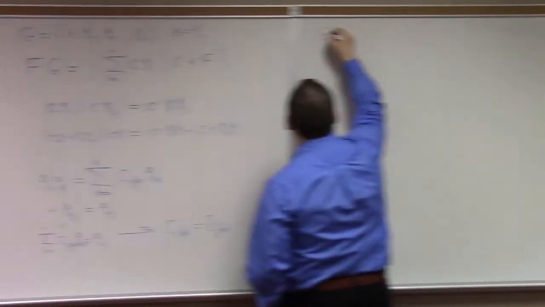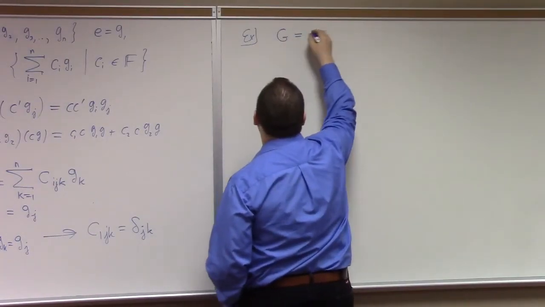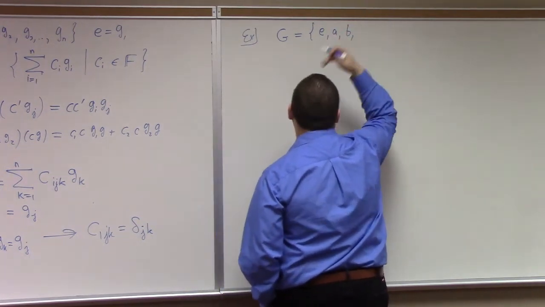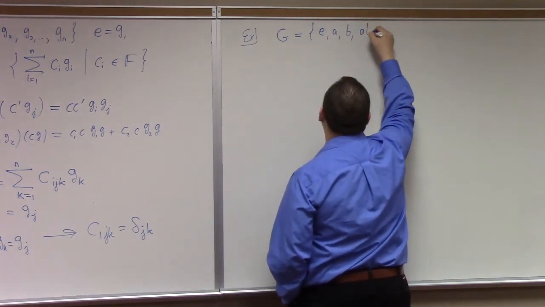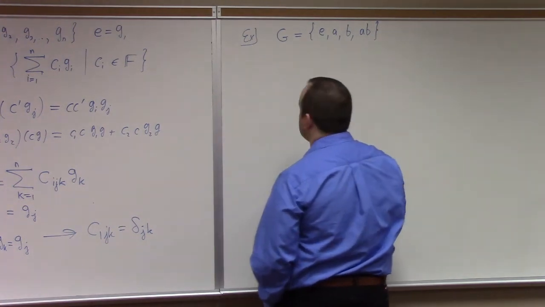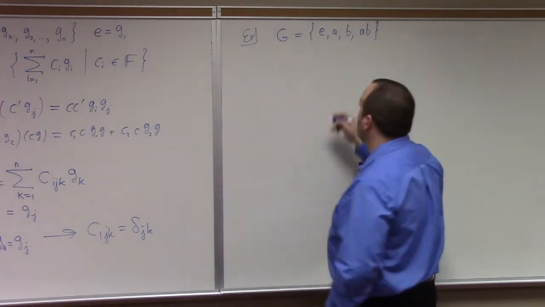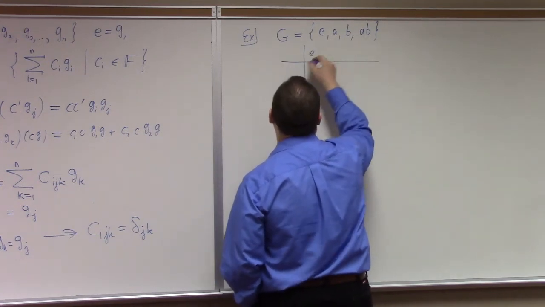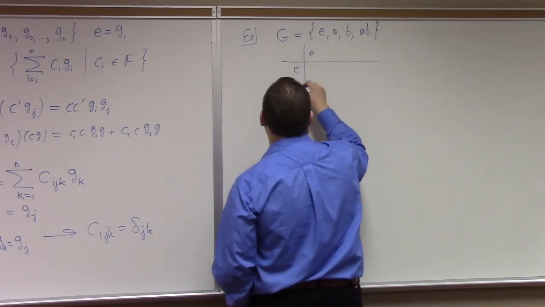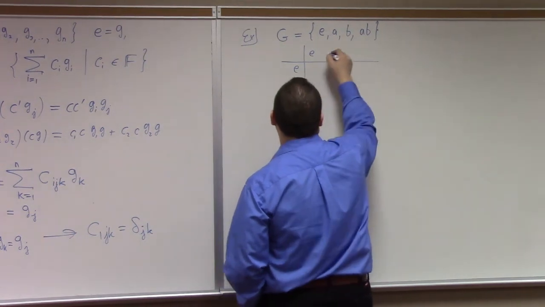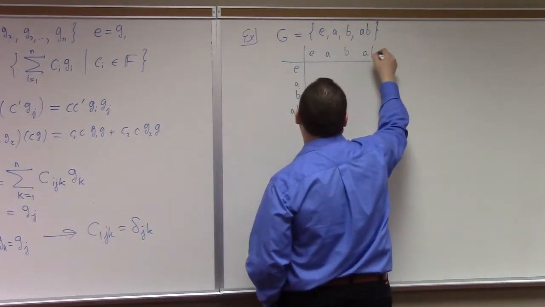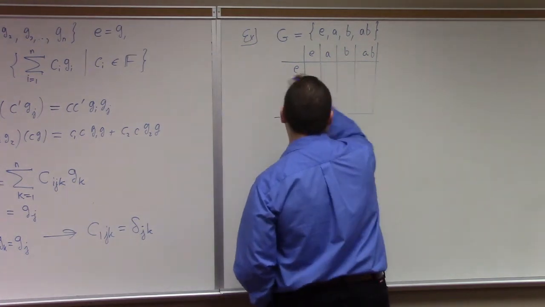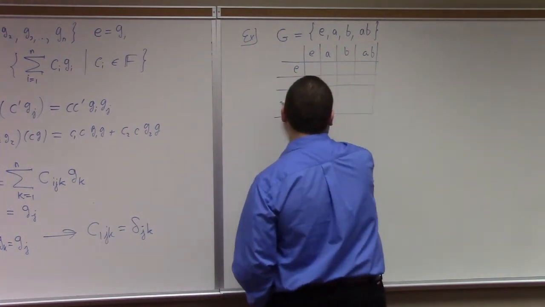For example, we could look at G equal to E, A, B, and then AB. So you recognize this as the what? Yeah, this is the Klein 4 group.